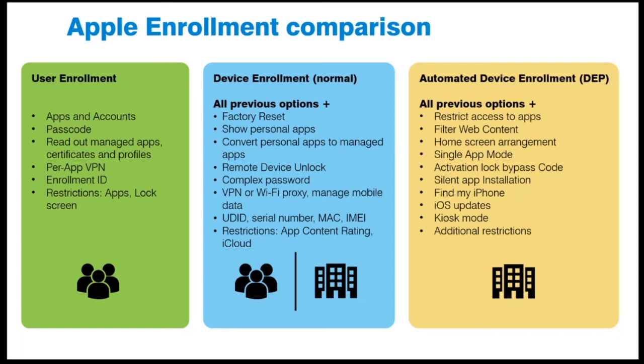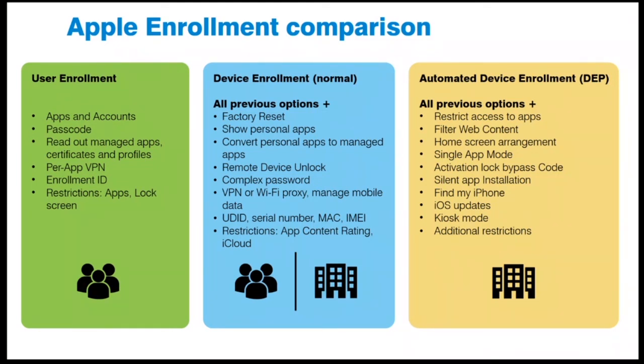So that is one feature I really think is a great advantage also for the administrator. We can show personal apps with device enrollment, so we can see all the apps that are installed on a device. Yeah, also a big cut into the personal space of the user.